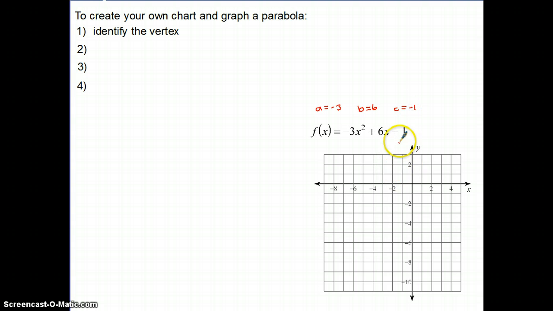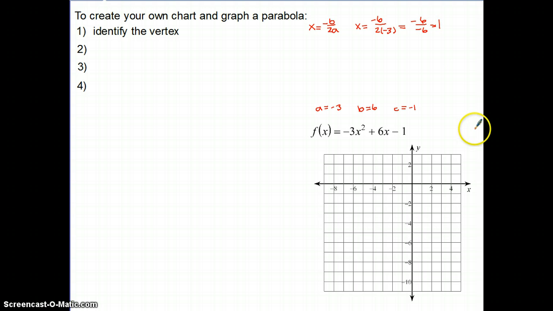To find the vertex, I use my formula where x equals -b over 2a. Now remember, this is just the x value. So here, x equals -6 over 2 times -3. This simplifies to -6 over -6, which reduces to +1.